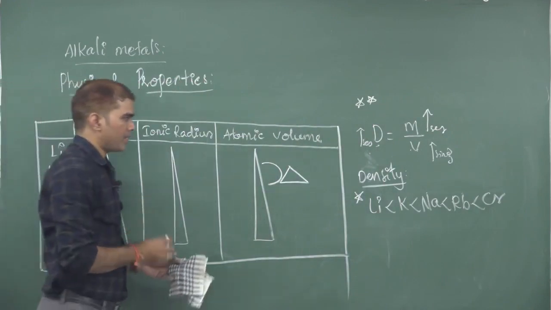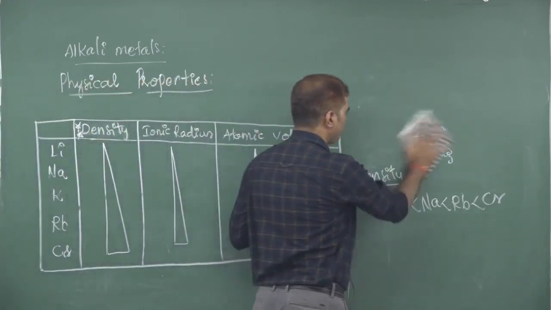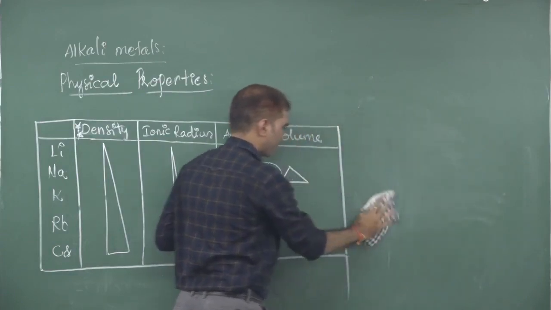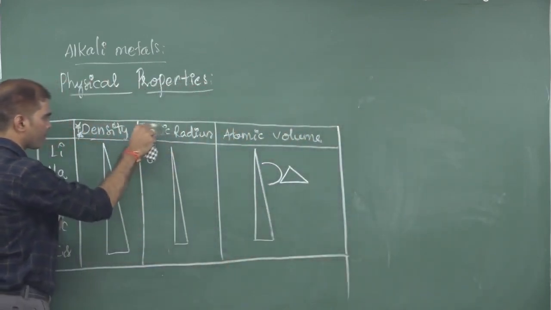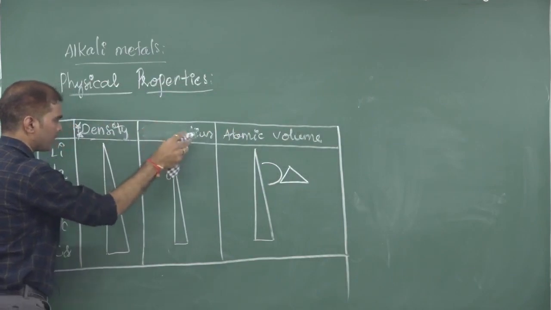Okay, so that is one anomaly you have to remember. Remaining things are just easy. Density increases with a small exception.